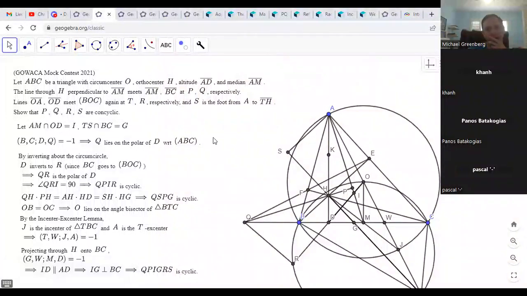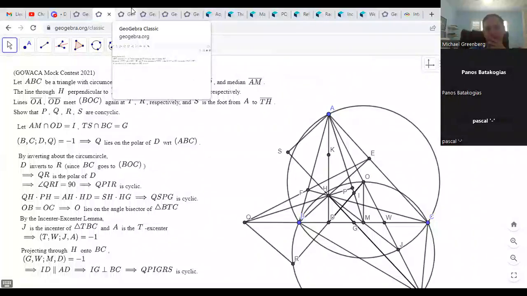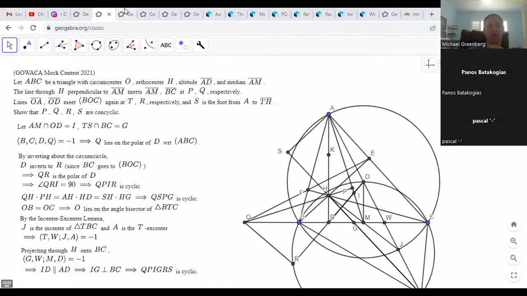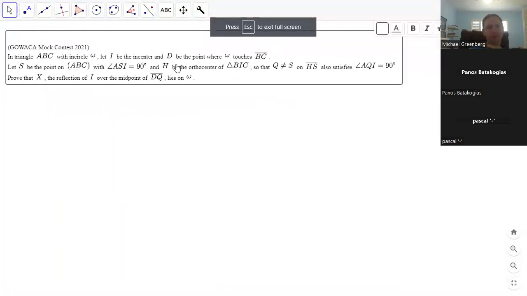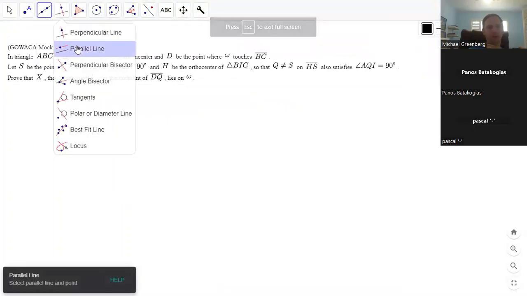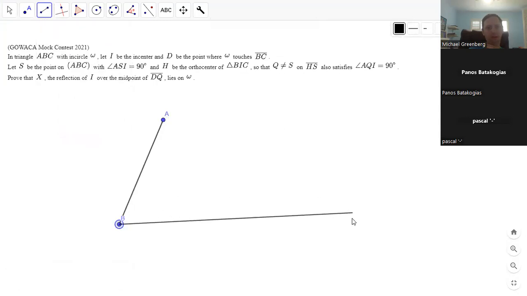Okay, so it's all right. All right, so here's the third problem. I don't know if it's easier or harder. We have a triangle ABC and we draw the incircle.